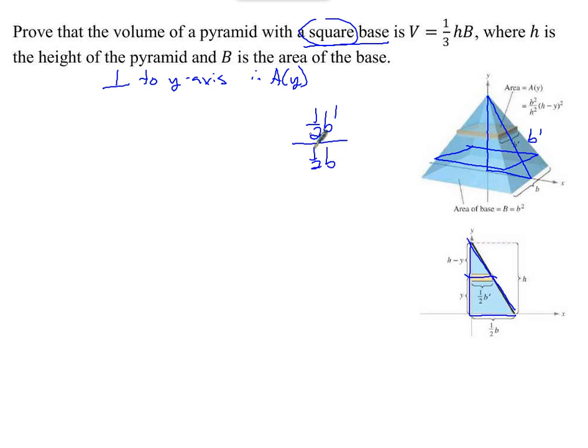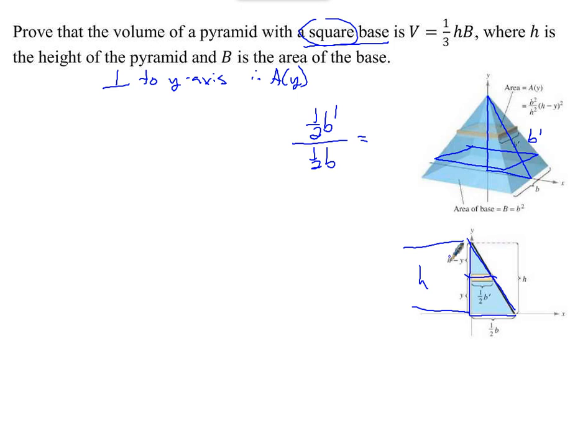So the 1/2s will divide out, equals. So this entire length right here is the height of that pyramid. If we define the position of this slider, which is what we're going to be doing in the next section also, by the way, maybe you've done it already on your homework, we're defining the position of the slider in terms of how far away it is from the origin. So that distance right there is y. And if that distance is y and this distance is h, then this remaining distance here is h minus y.